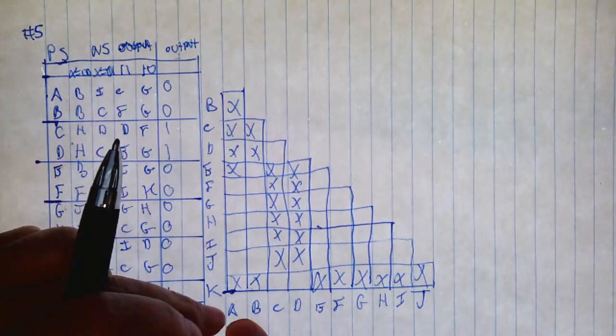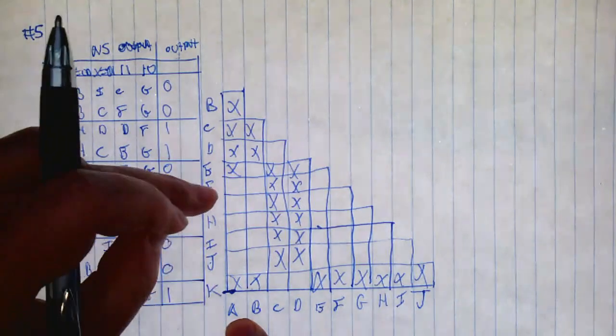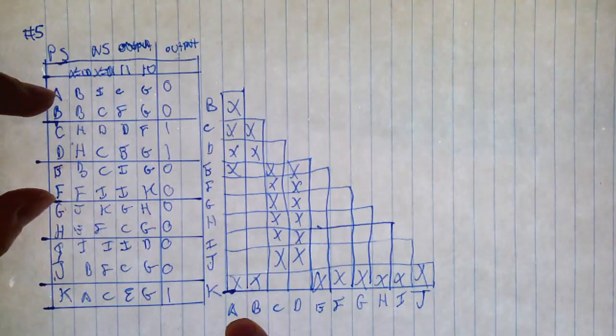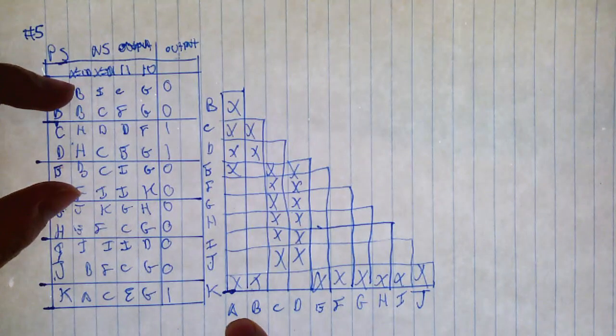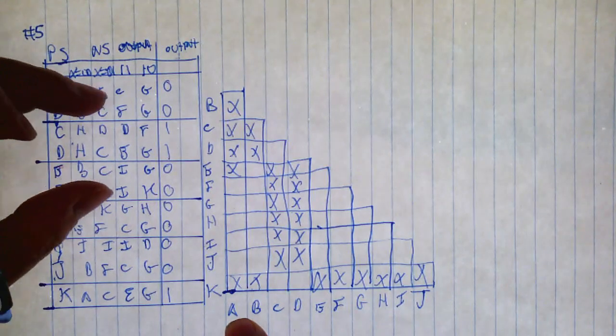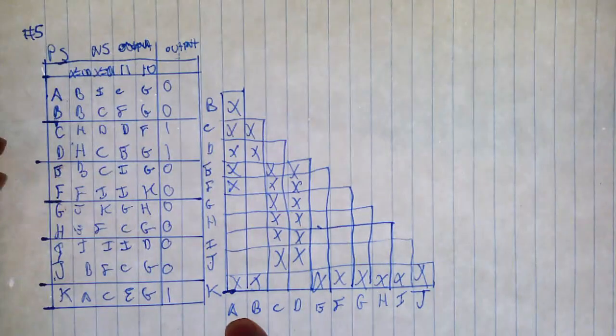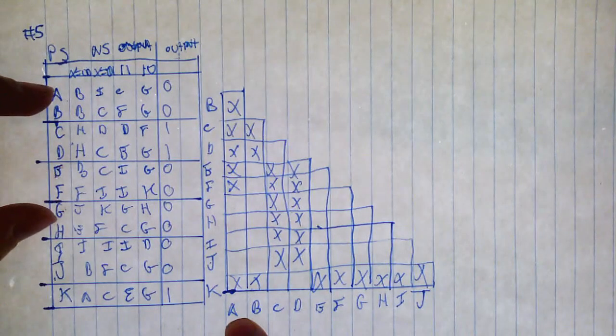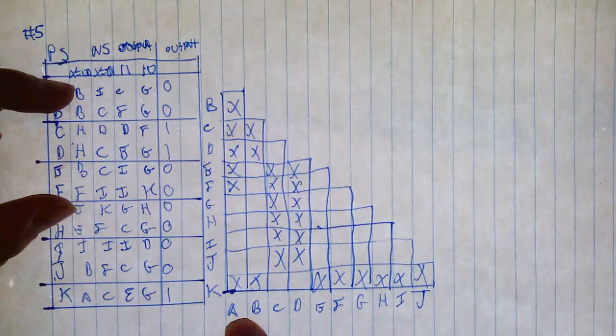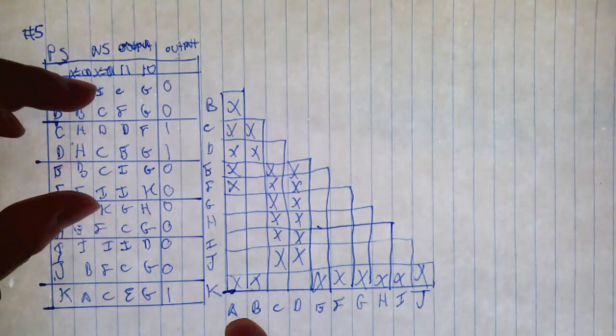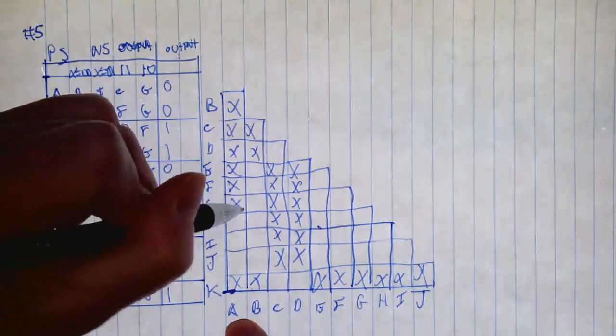A equals F if B equals F, and if I equals I and if C equals I, that doesn't work because C doesn't equal I. A equals G if B equals J, and if K equals I. K does not equal I, so that's no good.